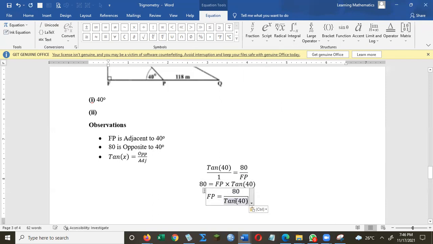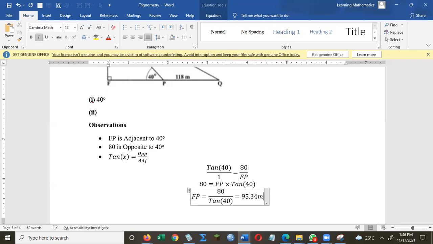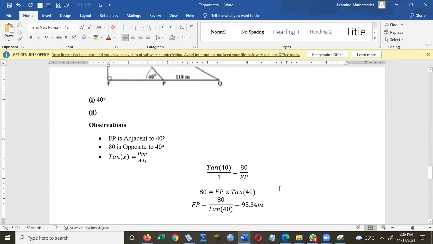Yeah, because we have to divide by tan 40 to cancel out tan 40. 95.34. Because we needed to divide by tan 40 to cancel out tan 40 and multiply into FP.